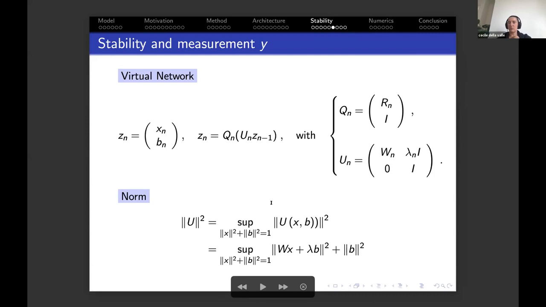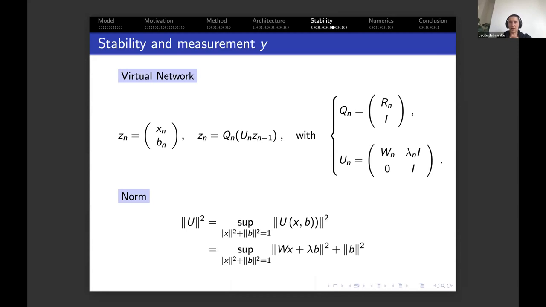And now I have to define the norm of a virtual network, and I take a norm on L2.